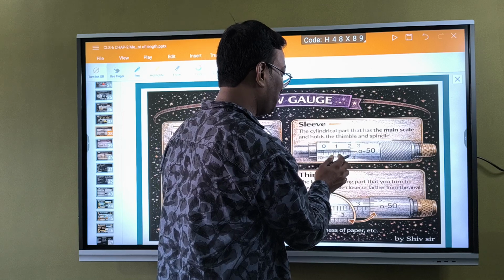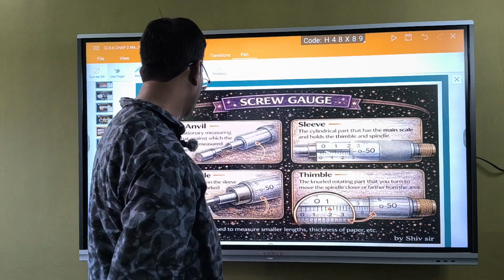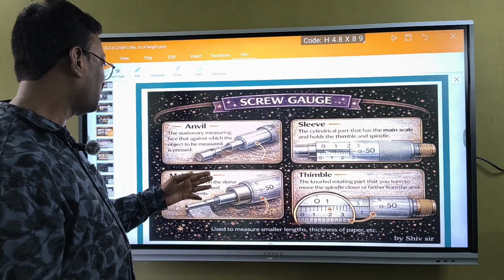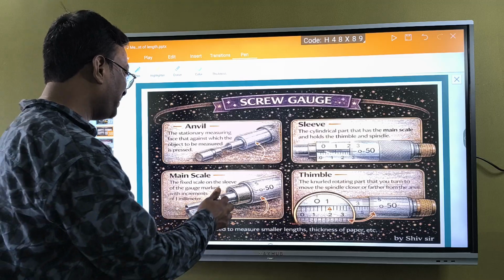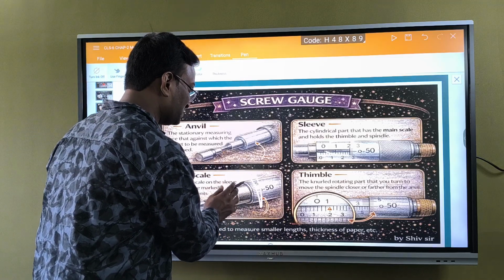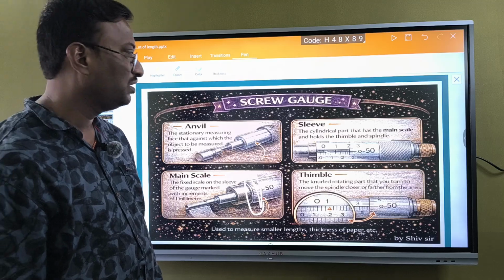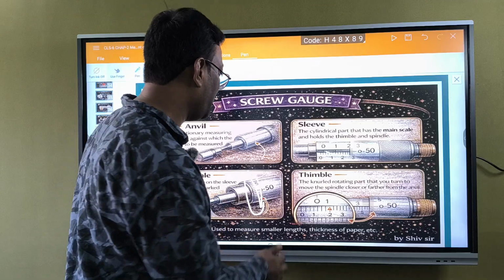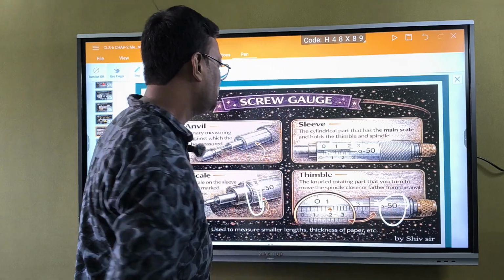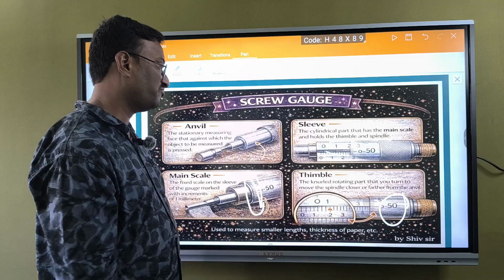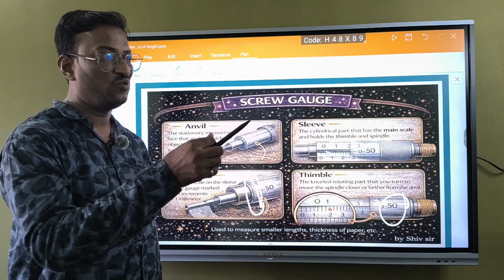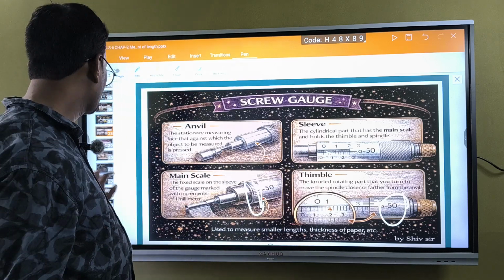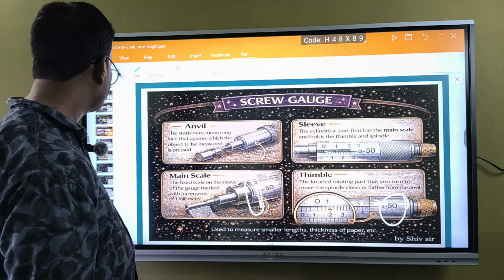The main scale, or head scale, is the fixed scale on the sleeve of the gauge, marked with increments of 1 millimeter. And the thimble is the knurled rotating part that you turn to move the spindle closer to and farther from the anvil. We can move it front and back. That one we call the thimble. So these are the different parts.